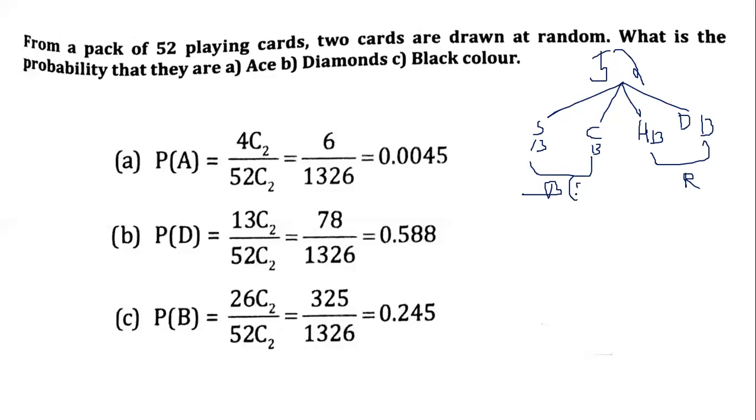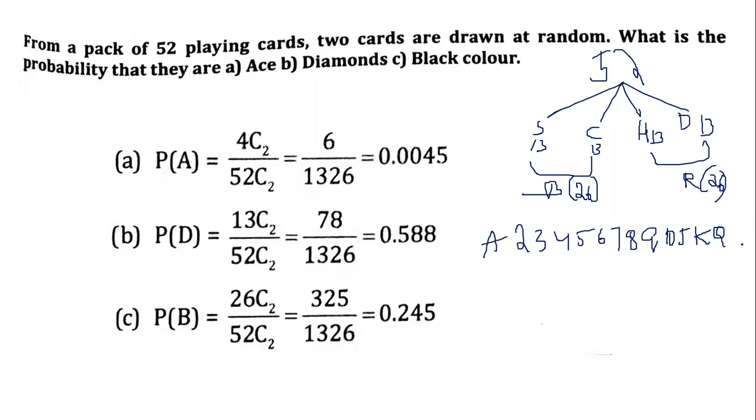So black cards will be 26 and red cards will be 26. And what is the series of the card? You'll start from A is ace, that is 1, and then you have 2, 3, 4, 5, 6, 7, 8, 9, 10, and then you'll have J, K, Q. This will be the card series.